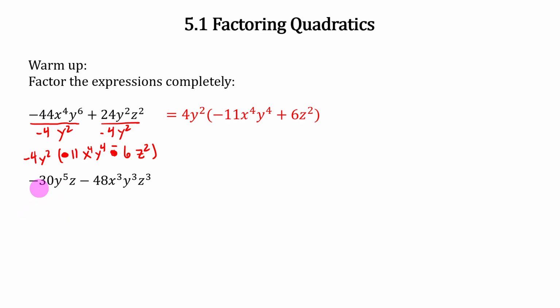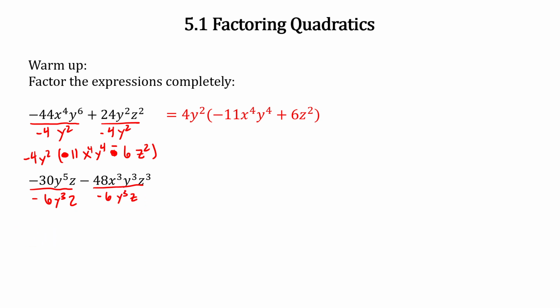So for example, let's go ahead and factor out, looks like 6 goes into both these. Let's do negative 6. Just how much it changes the signs and that kind of thing. And I've got no x's in common, but I've got y cubed in common and a z in common.